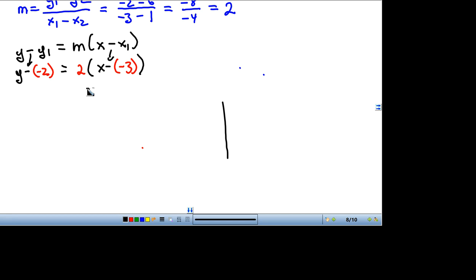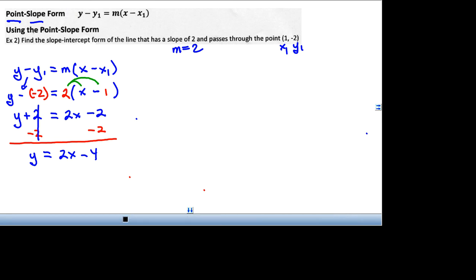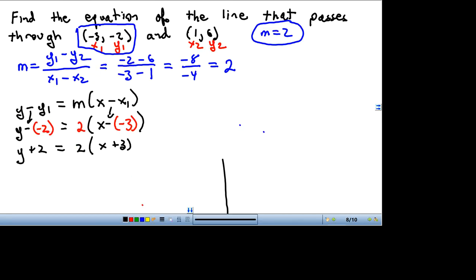So what I have, minus a minus is a plus, so it's y plus 2 equals 2 times the quantity, minus a minus is a plus, x plus 3. You might be able to switch it like that. Boom, there you go. Got it back to normal. Okay.